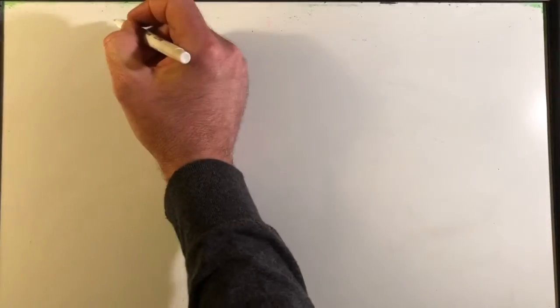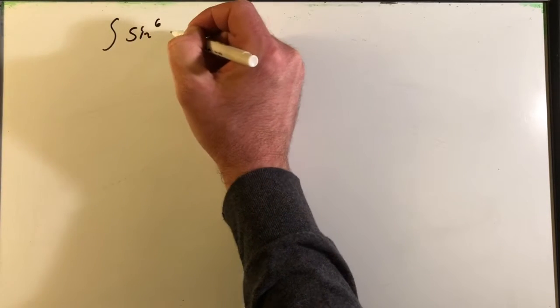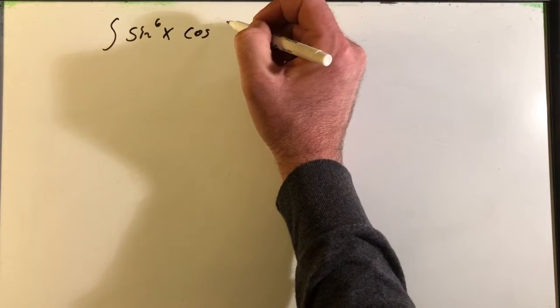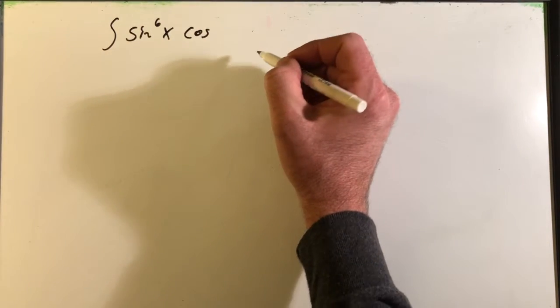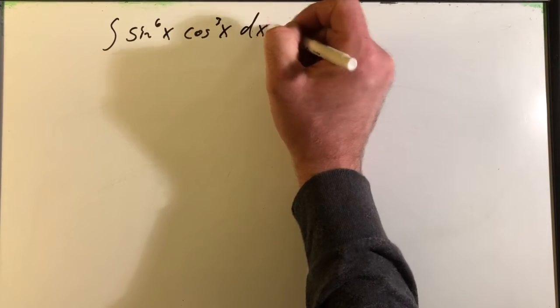Okay, so the problem was take the integral of sine to the 6th power x cosine to the 3rd power x dx.